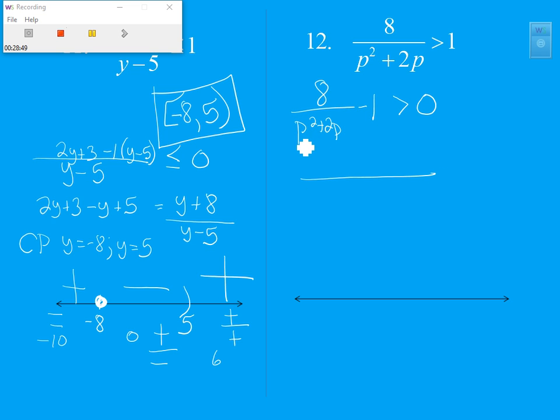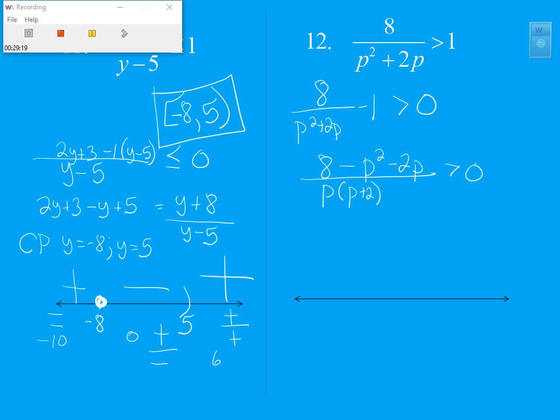I'm going to think of the p squared plus 2p as p times p plus 2. So from here to here, I don't need anything. So the 8 gets left alone. But the negative 1 gets multiplied by p times p plus 2, which is the same thing as p squared plus 2p. So we're going to have minus p squared minus 2p is greater than 0.